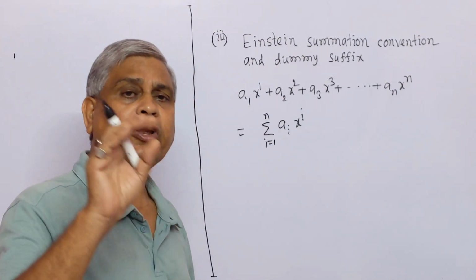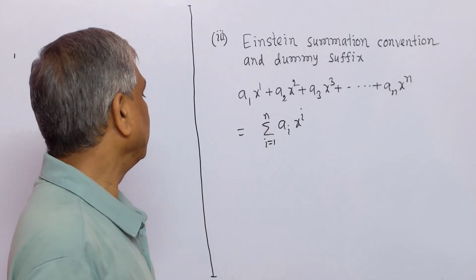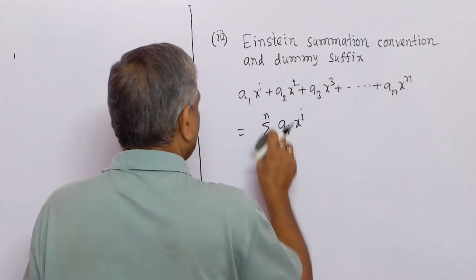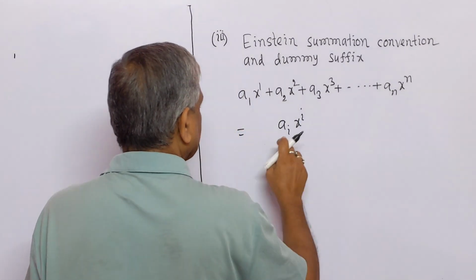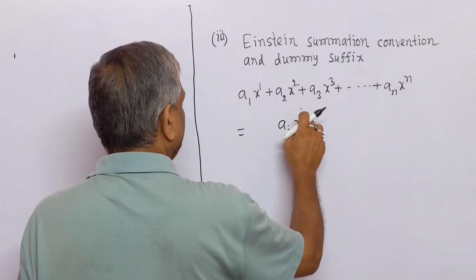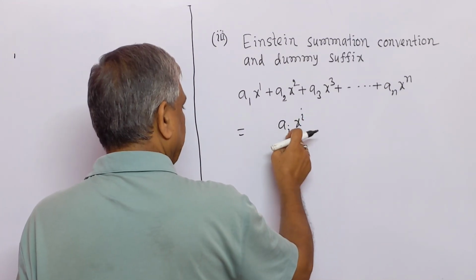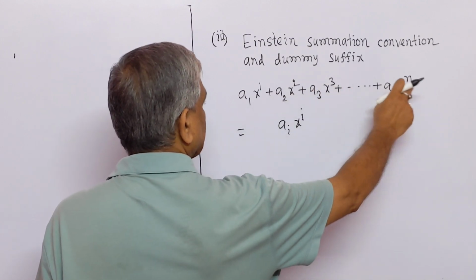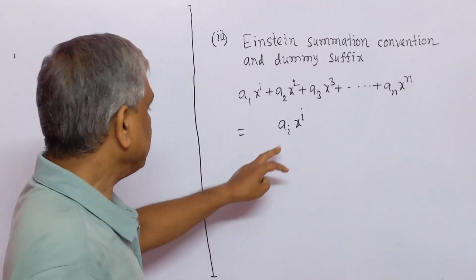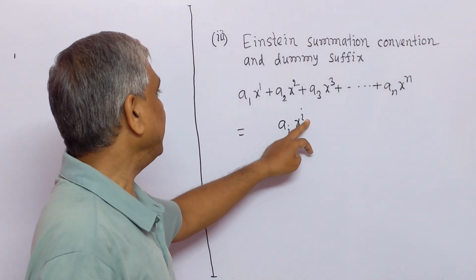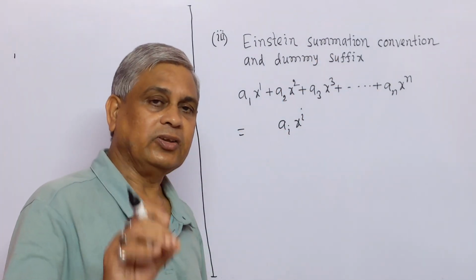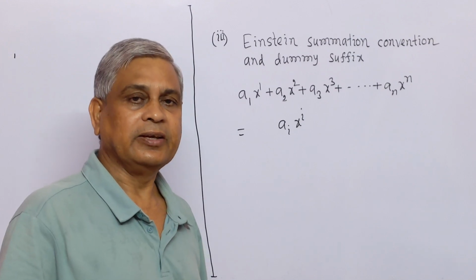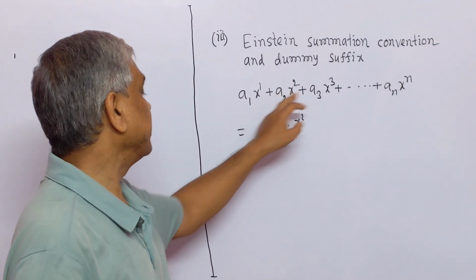So there is no need of using this sigma. We may write this as ai xi. Here the suffix i appears as a subscript here and as a superscript here. This denotes summation. This suffix is known as dummy suffix. That is, if a suffix appears as a dummy suffix, then it denotes summation.